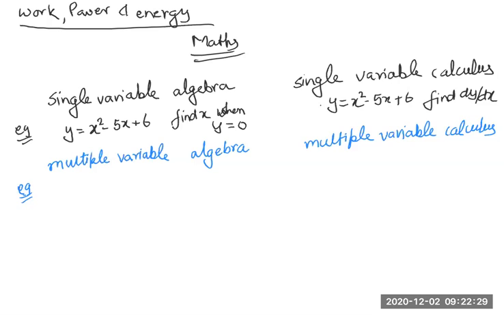X minus y is equal to 5 is a single variable. One is dependent, one is independent. नहीं. PV is equal to nRT. ये पढ़ा है कि नहीं पढ़ा है? I'm sure ये पढ़ा होगा ना? PV is equal to nRT. Z is equal to x square.